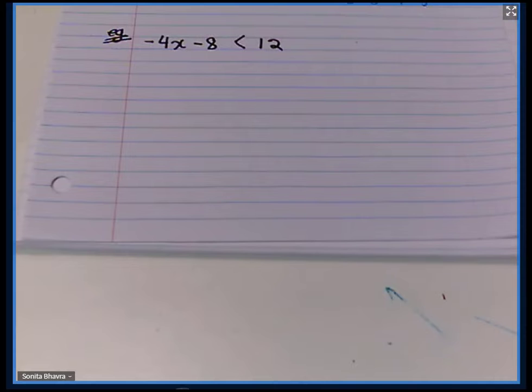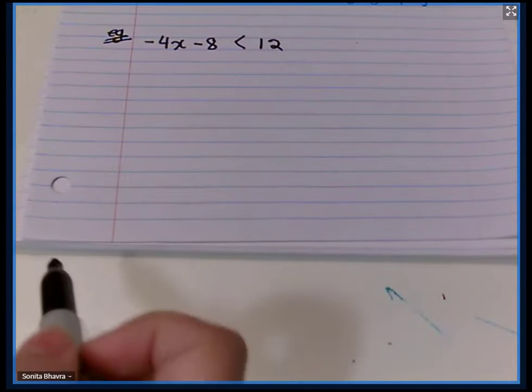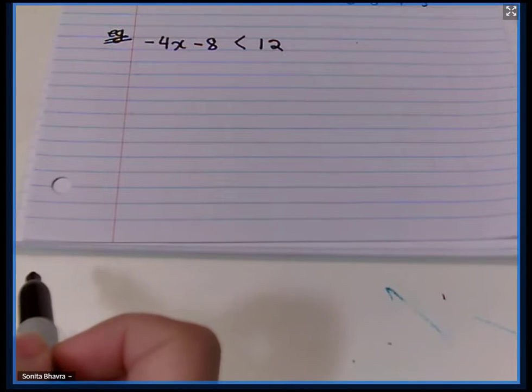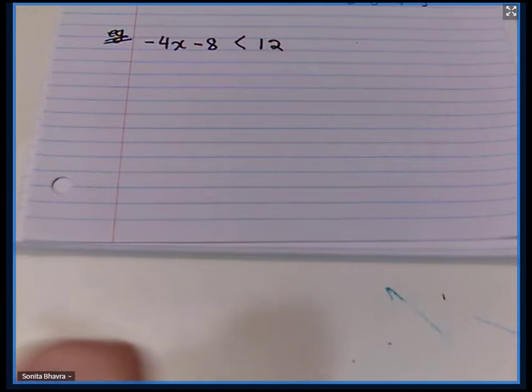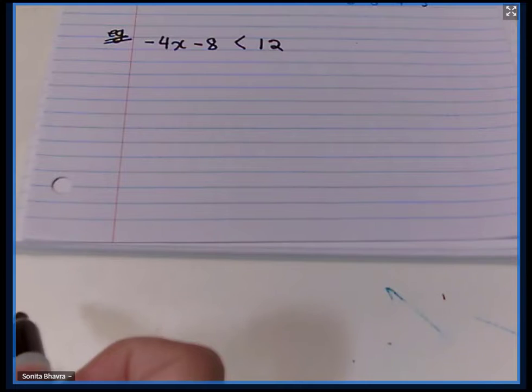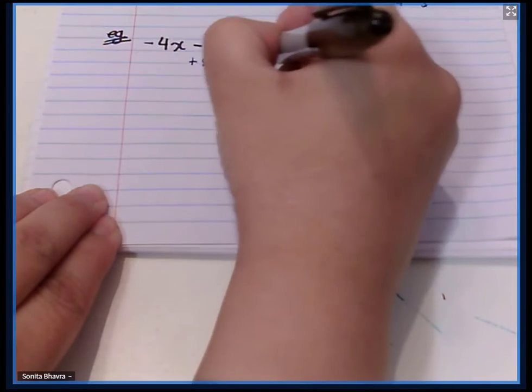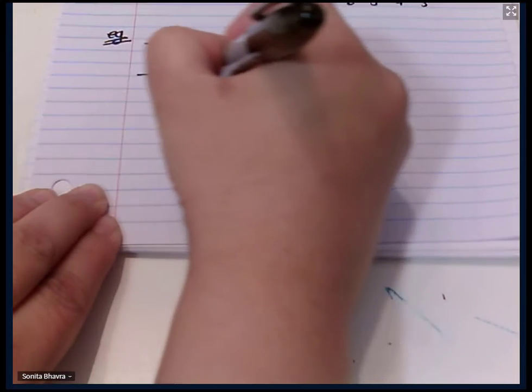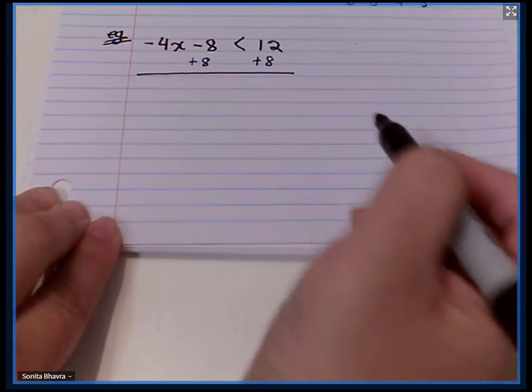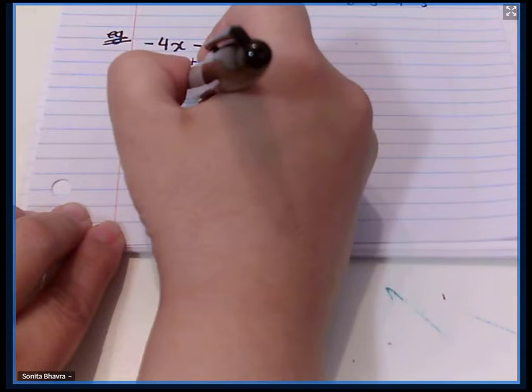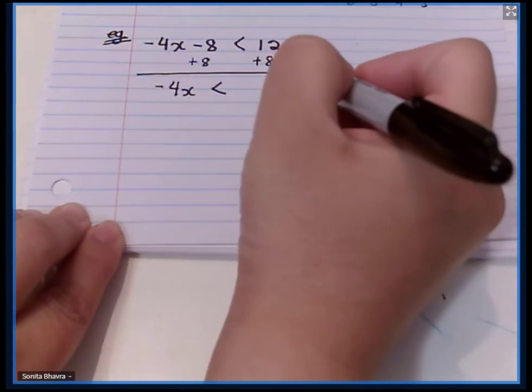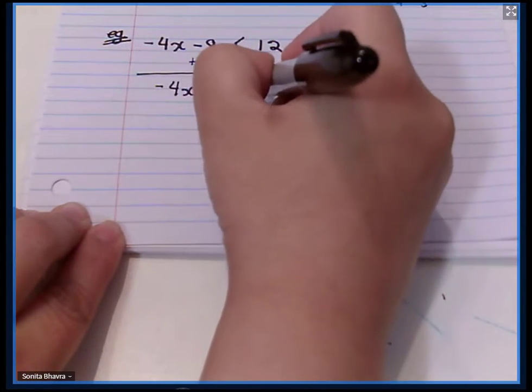All right, our next example is negative 4x minus 8 is less than 12. Again, we're isolating x just like normal. We add 8 to both sides, and we are left with negative 4x is less than 20.